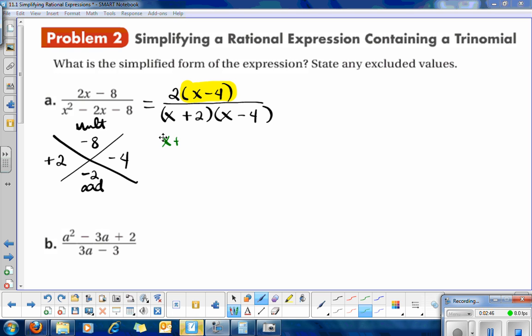So x plus 2 cannot be equal to 0 because if this whole thing is 0, then 0 times anything is 0. So we don't want that whole thing to be 0. Also, if this whole thing is 0, then 0 times anything is 0. So that cannot be equal to 0. That's why we have to set each of the binomials equal to 0.